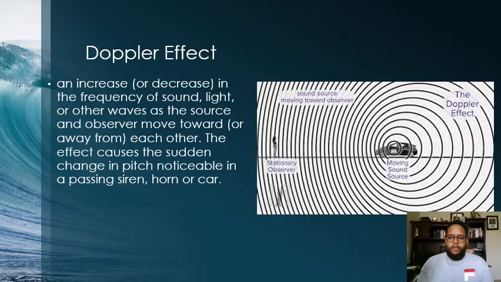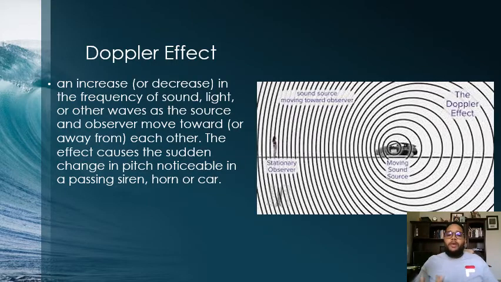Now, usually the sound will emit with even circles radiating out. But in this Doppler effect, the moving source, the car, when it's moving towards the person, you can see that the frequency is higher because the lines are closer together. So that means each wave happens quicker.